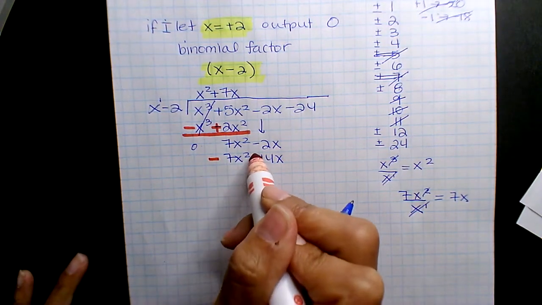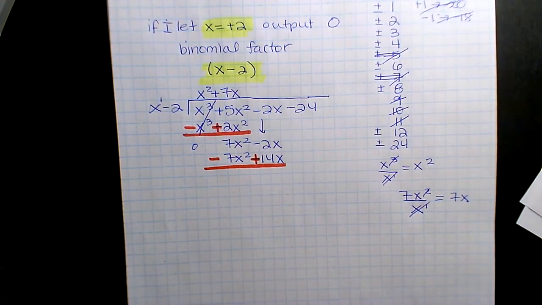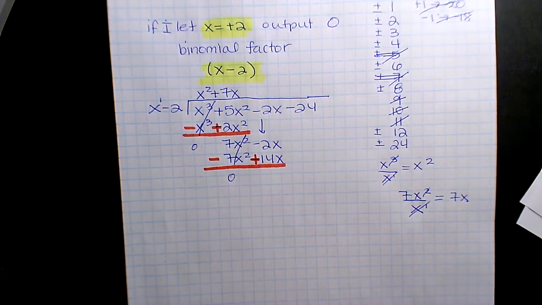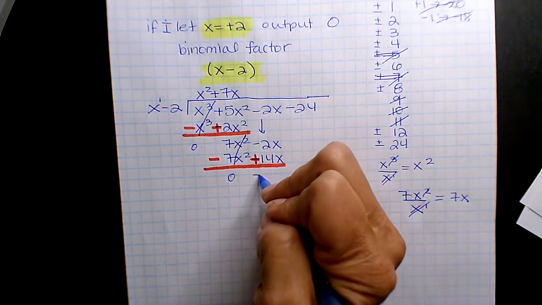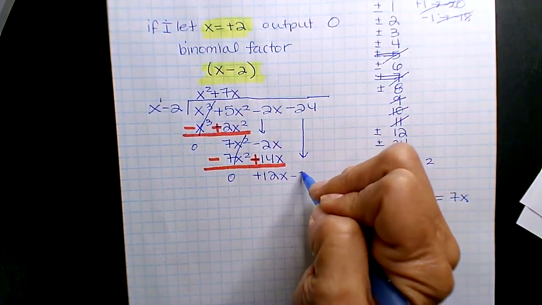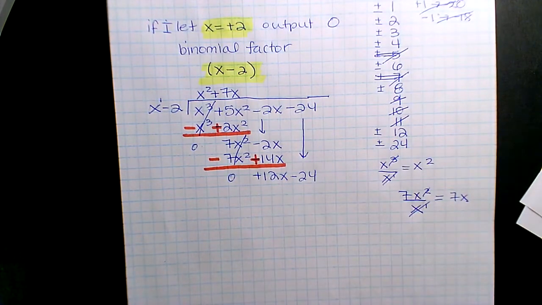So subtract, add, combine downward. And so you get 0. And I get positive 12x. Bring down that constant term, and then restart the process for the last time. And your remainder should be 0.